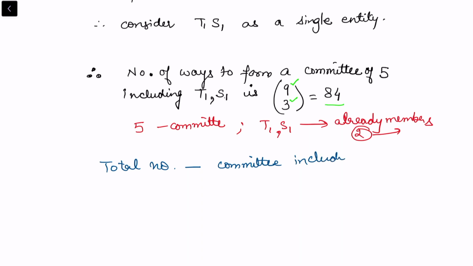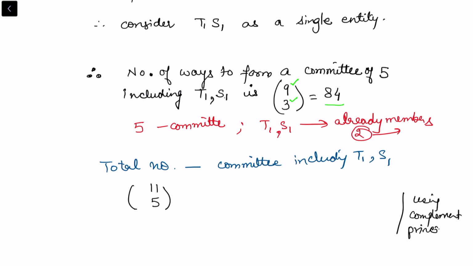The total number we calculated in the first case, that is 462, and using the complement principle, 462 minus the committees including T1 S1, that is 84. So this gives me the answer: 462 minus 84, that is 378.